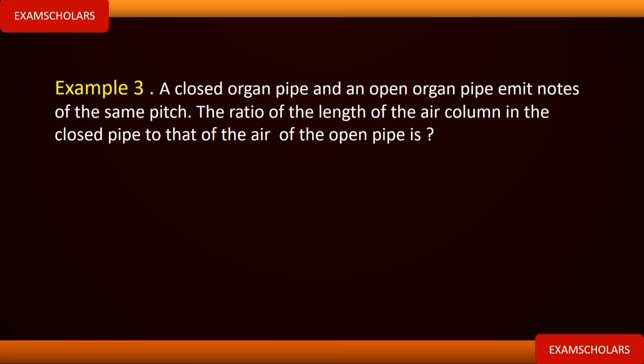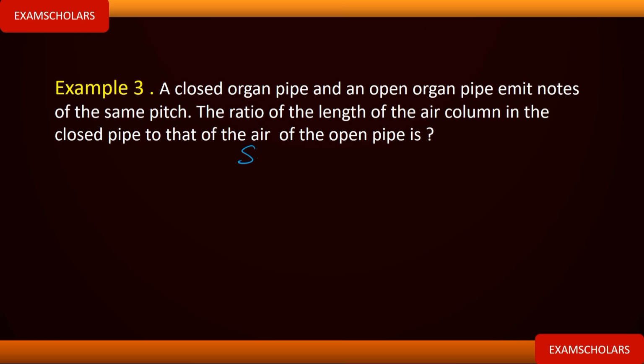Now, since the velocity of the wave generated will also be the same here, and the frequency the same, recall that the length of the air column has a relationship with the wavelength. So we can use that knowledge and solve this question very fast.